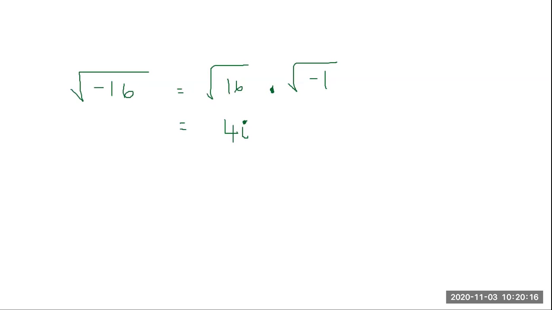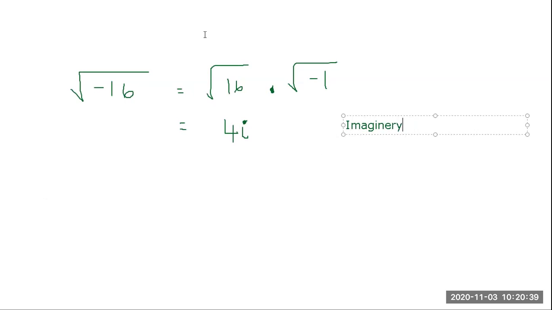I, because it's imaginary. Imaginary meaning we cannot find the square root of a negative number, so we replace it with I.